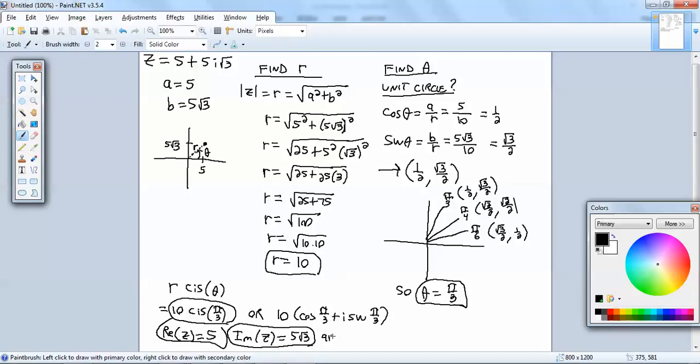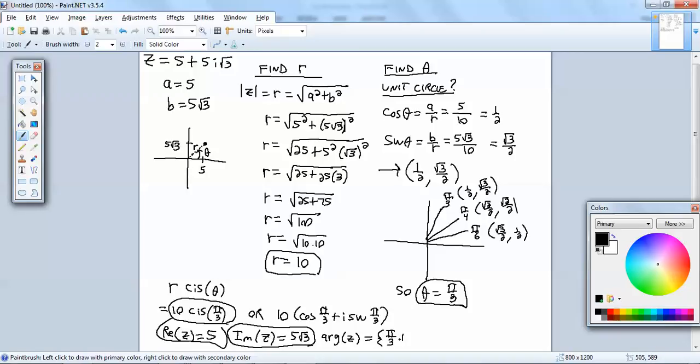They want the argument of z. And this is the form. We start with our angle, which is pi over 3. And there's an infinite number. If I look at this point right here, if I start here, there's an infinite number of those because I can keep adding 2 pi over and over. I can also keep subtracting 2 pi over and over. So there's an infinite number of possibilities for this.